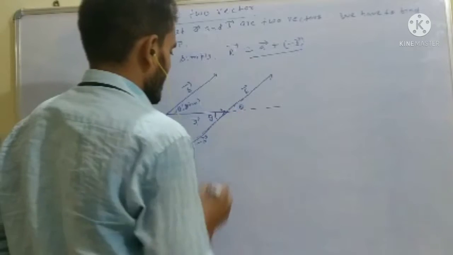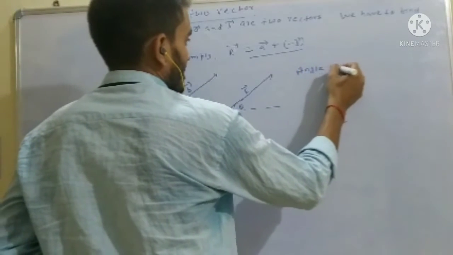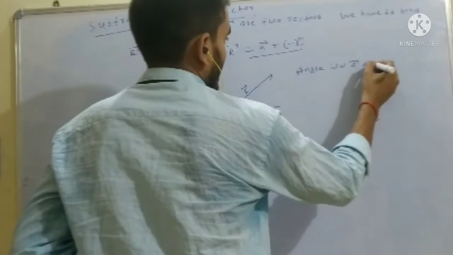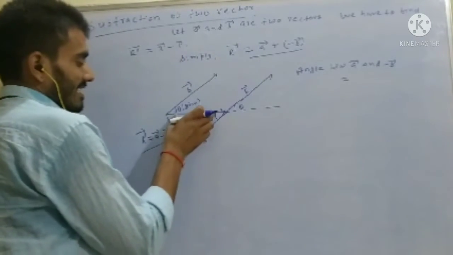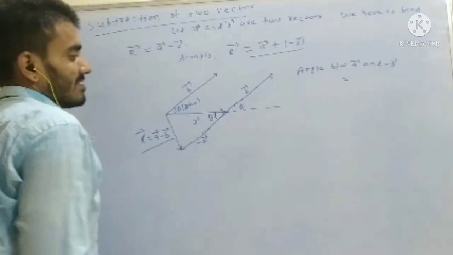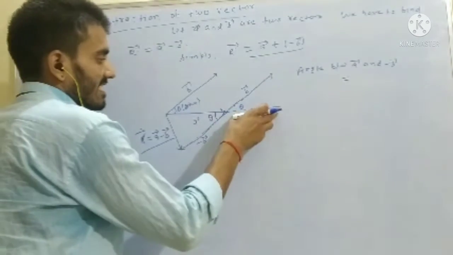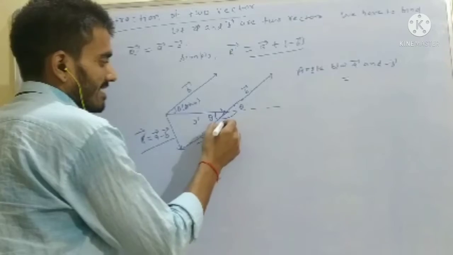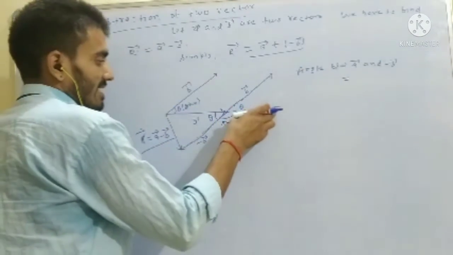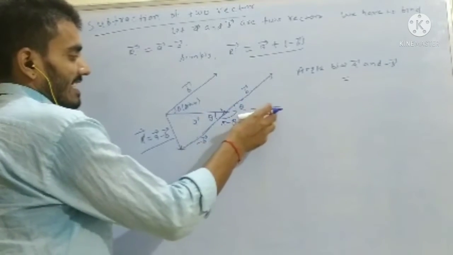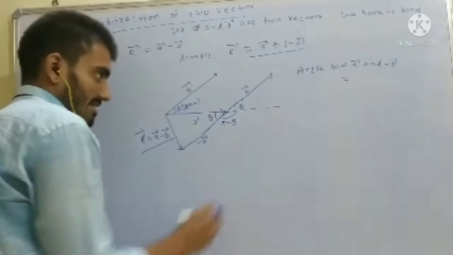Vector A, angle between vector A and minus vector B equal to vector A minus vector B, the smallest angle. If vector A is situated at this point, then this angle is pi minus theta. If vector A is replaced at this point, then the tail of vector A and minus vector B come to a single point, and the smallest angle is pi minus theta.